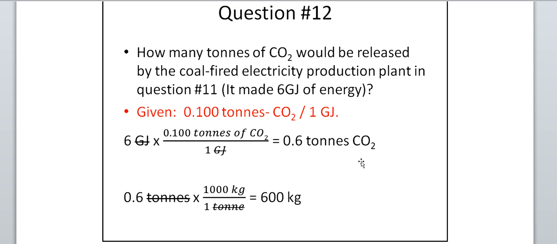You're left with tons of CO2. 0.6 tons of CO2, and then I just converted that 0.6 tons to kilograms using this conversion factor, 1,000 kilograms equaling 1 ton, and you get 600 kilograms. So 6 gigajoules of energy produces 600 kilograms of CO2.